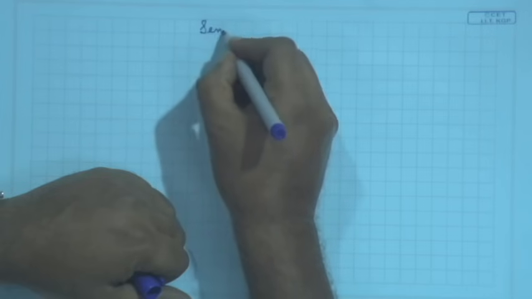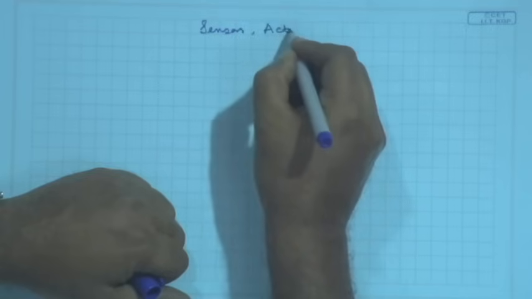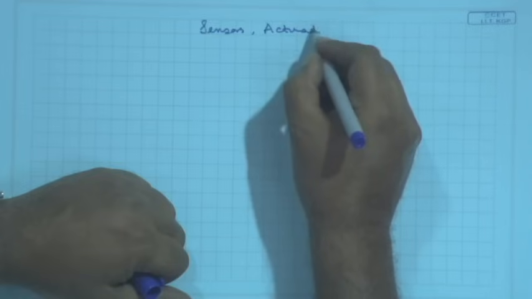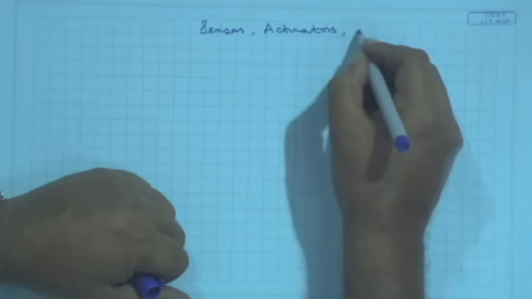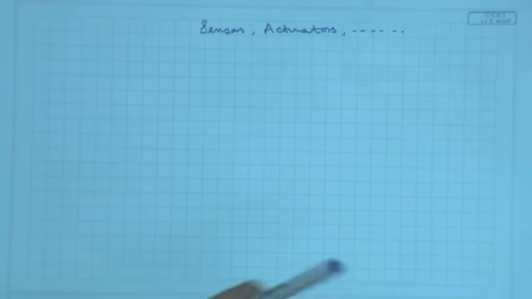Now, today we will be talking a little bit more on embedded system hardware, and we will essentially be looking at sensors, actuators, and other things.